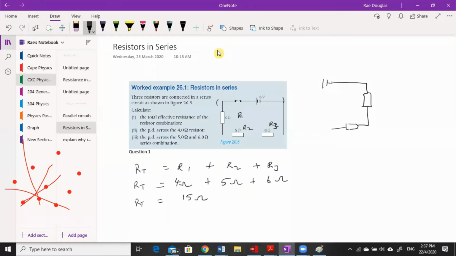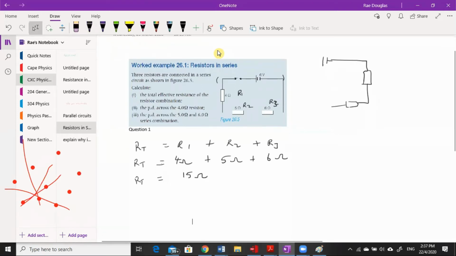Yes, so we need to find the potential difference across the 4 ohm resistor. Put it in the voltage formula. All right, so we now need to bring into play Ohm's law formula.